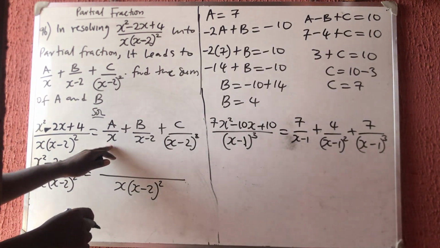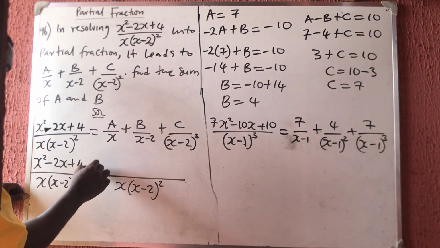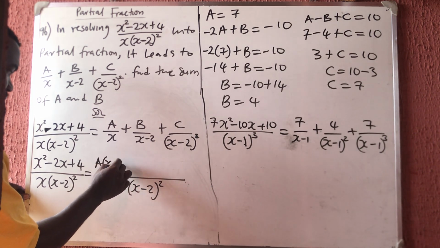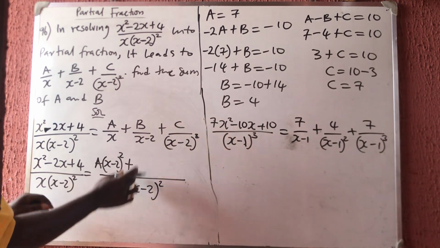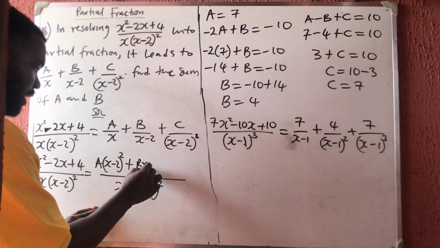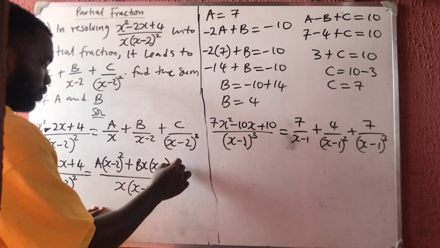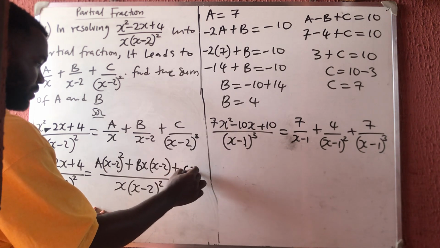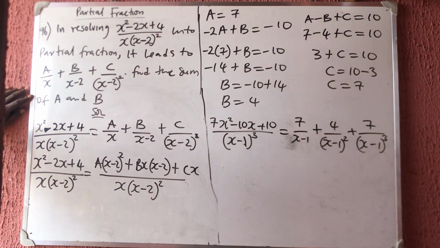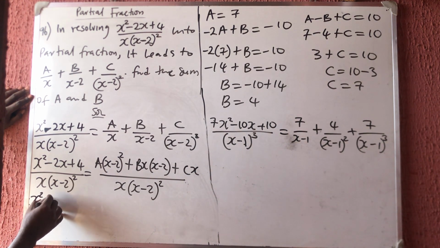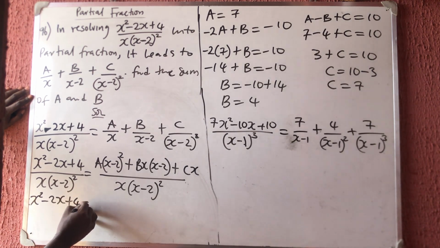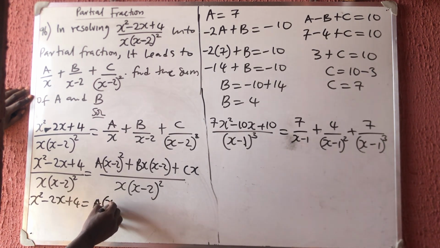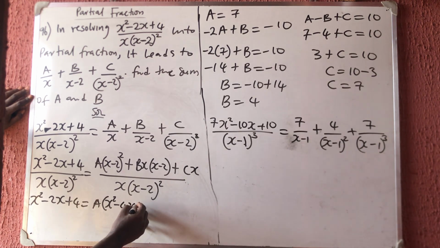Now when this divides this, I'll be having a into x minus 2 all squared, plus when this divides this, I'll be having bx into x minus 2, plus finally I'll be having cx. Now if denominator cancels denominator, I'll be having x squared minus 2x plus 4 is equal to a into x squared minus 4x plus 2.